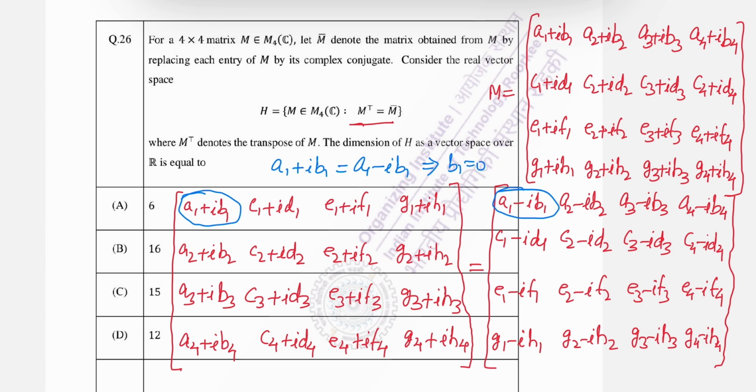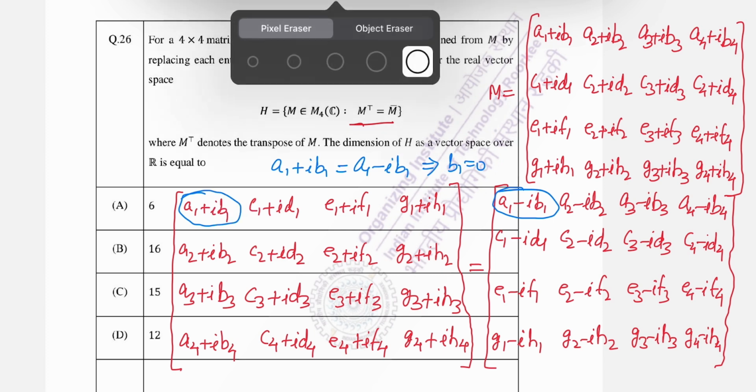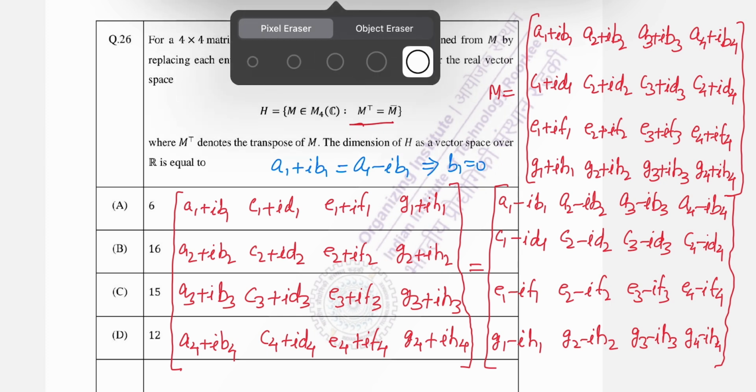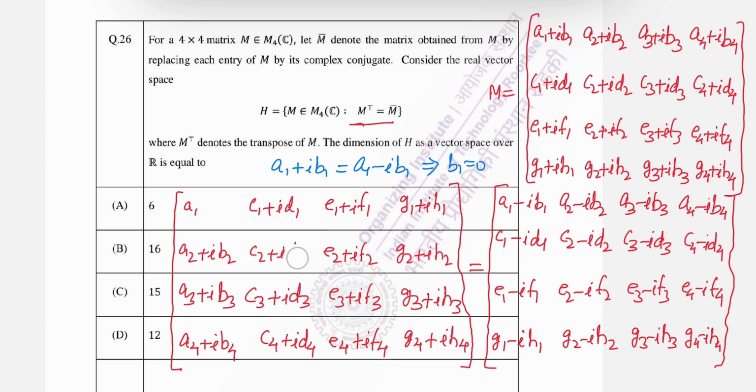Okay, so you see, if you compare the diagonal entries, then the imaginary part of all diagonals will be 0. Okay, so I make the changes in the matrix M.